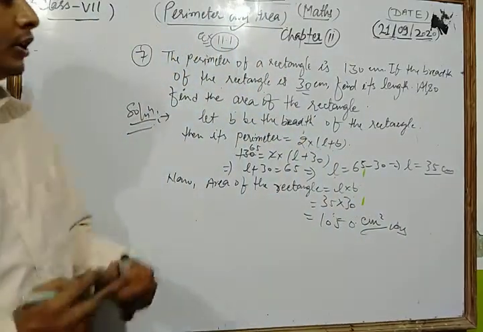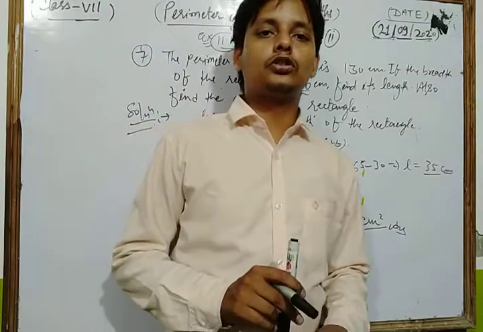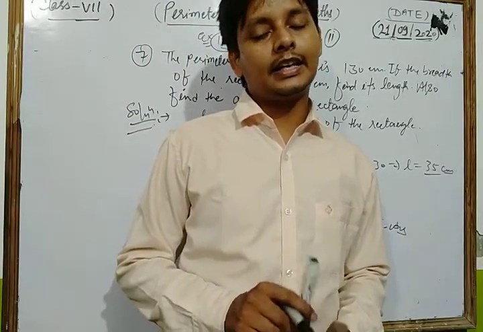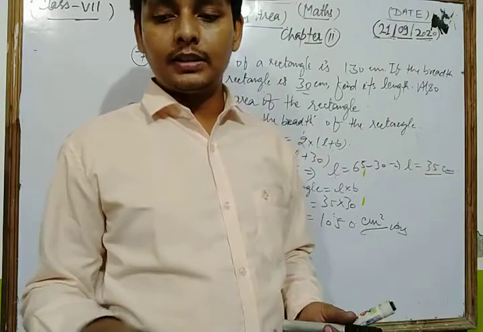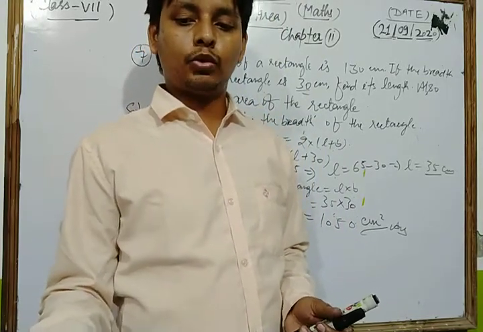Thus, dear students, in this video you can solve all the questions of your NCERT exercise based on square as well as rectangle. Now we discuss some other type of question and the formula.